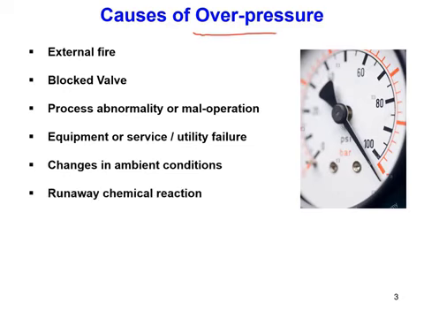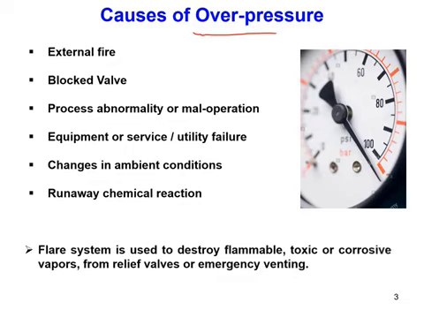Runaway chemical reaction. If the reaction runs away, this is the case most of the time in nuclear plants. In that case, we also have to depressurize the reactor and send the excess gas out of the reactor, so we can use some flaring or pressure relief systems. In general, flare systems are used to destroy flammable, toxic and corrosive vapor.